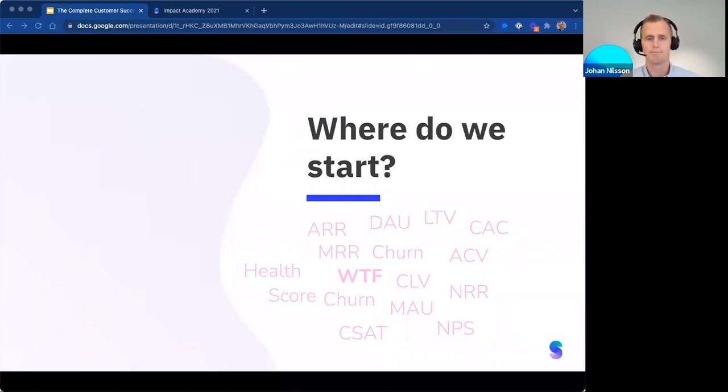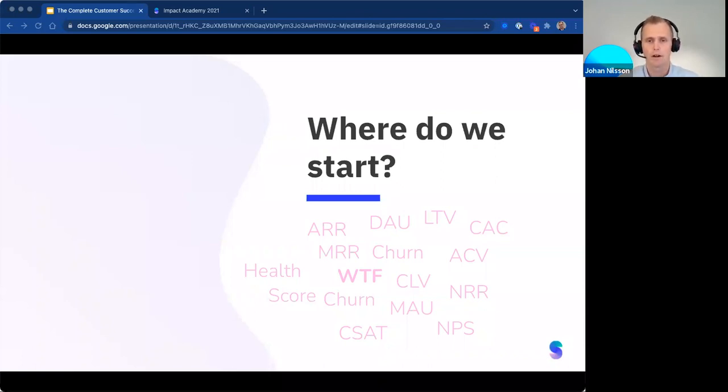And in the day-to-day, it can be quite frustrating when people throw these words at you and you have to present some report or some dashboard, or you need to bring this information into a meeting. So today we will try to solve this, straighten things out, help you find your reports, your dashboards, what you want and what you need.